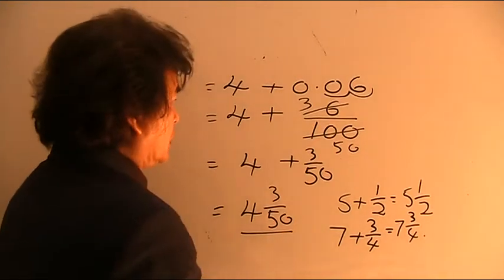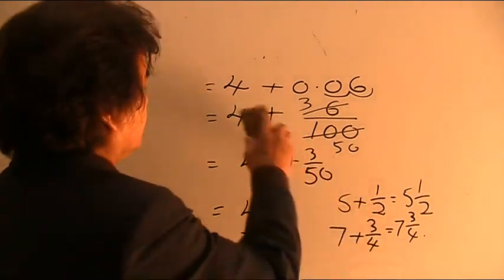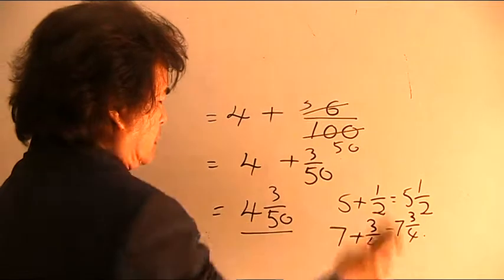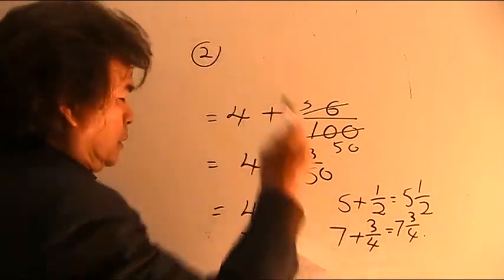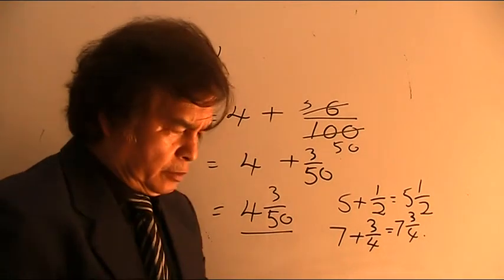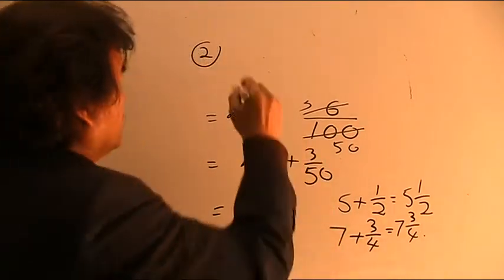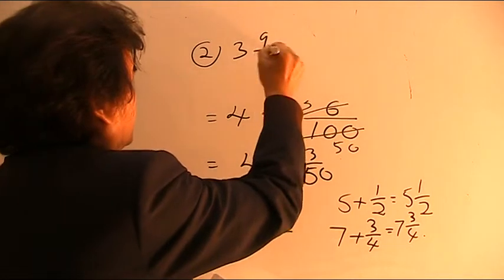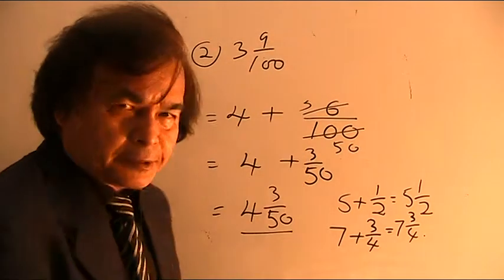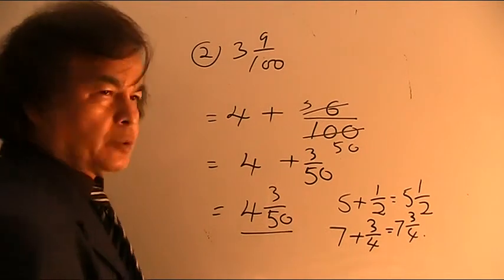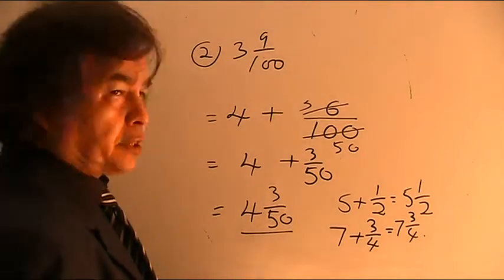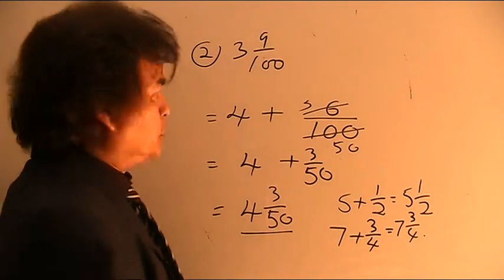Now let's go on to the next question, question number 2. You are supposed to convert 3 9/100. This time you are given a mixed fraction, but you are asked to convert it to a decimal.